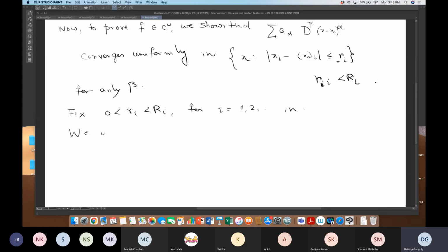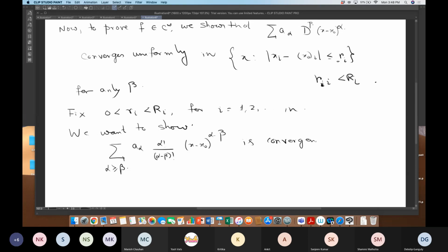We want to show summation alpha greater than beta a alpha, alpha factorial over alpha minus beta factorial, x minus x naught to the power alpha minus beta is convergent. Why is this true? To show this, it is enough to show this. Why?